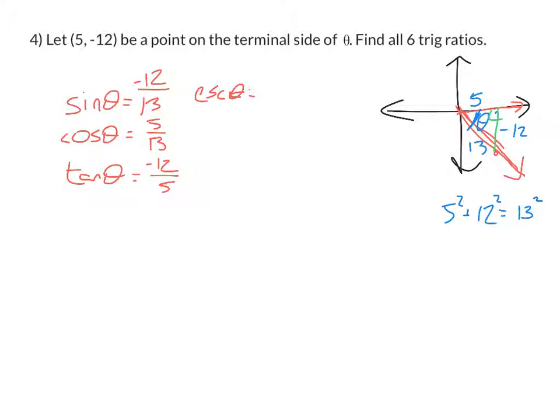Cosecant of theta is 13 over -12. Secant is 13 over 5. And cotangent is 5 over -12. Okay, and so that's how we do some trig on our coordinate plane. We use reference angles. We will use more of this in class. For now, we're done.